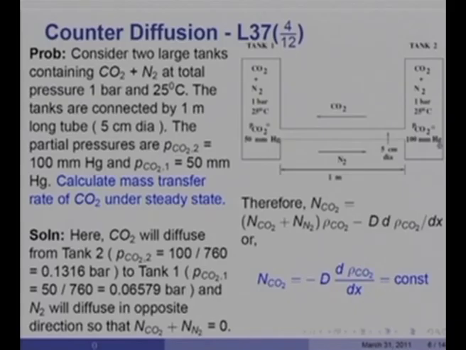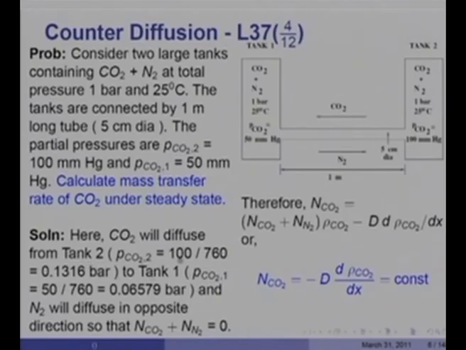Now, as a result, what would happen is, although the total pressures are equal, CO2 would diffuse to tank 1 from tank 2, and since mass must be conserved, the nitrogen here, whose partial pressure will now be bigger than in tank 2, would diffuse in the opposite direction. So, we have been asked to calculate the mass transfer rate of CO2 under steady state. So, here CO2 will diffuse from tank 2 to tank 1.